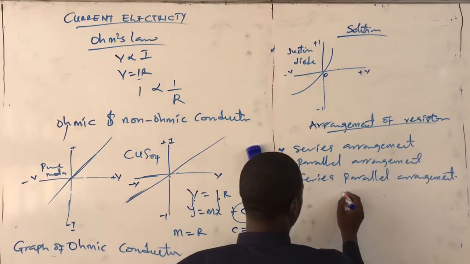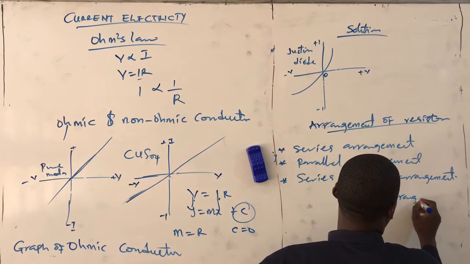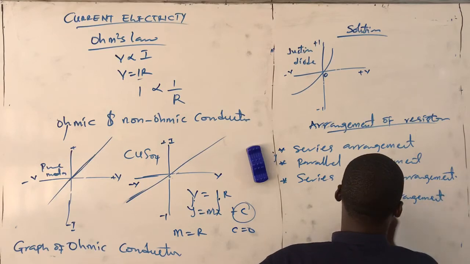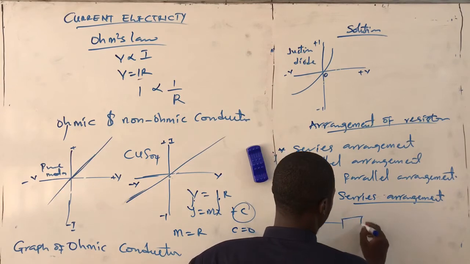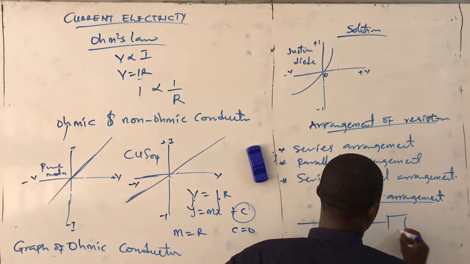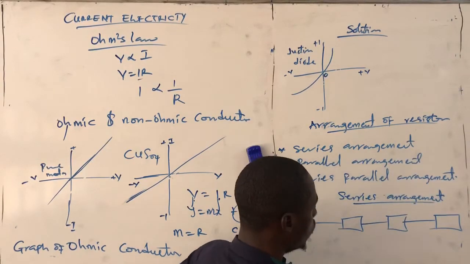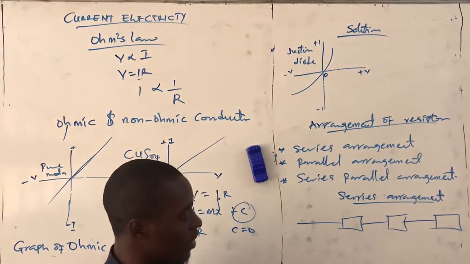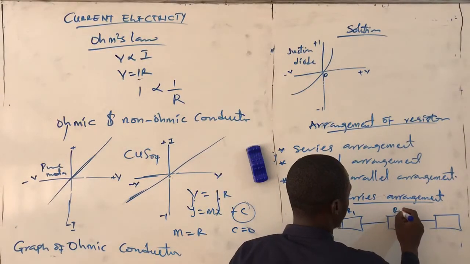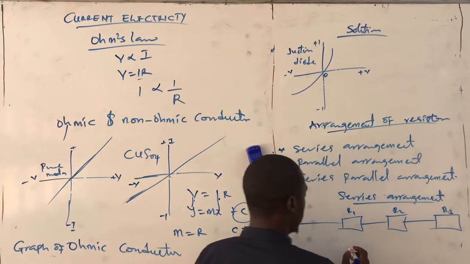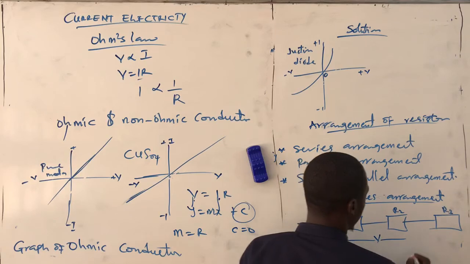Now, for the first one, let's take series arrangement. Clearly we know that there will be a potential difference across this resistor. Let's say this is resistor 1, 2, 3. Then we have voltage supply here.